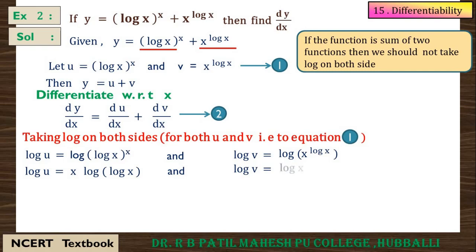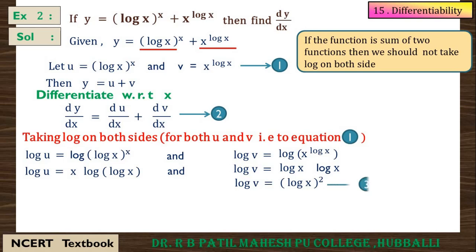Here log x is the power, therefore log x into log x. In the next step, this log x and log x are the same term, so this becomes log x whole square.